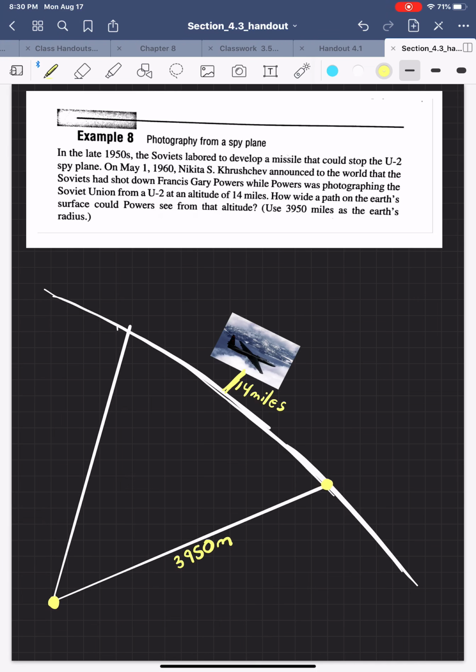So 3,950 miles here as well as here. Okay. Now, the last thing I want to draw here is, so at this particular point here, this would also be 3,950 miles.